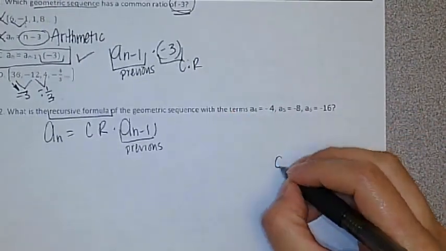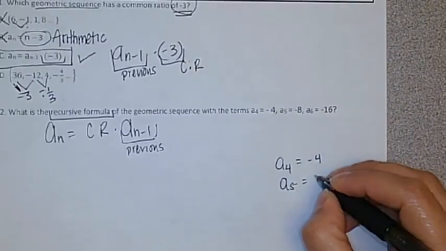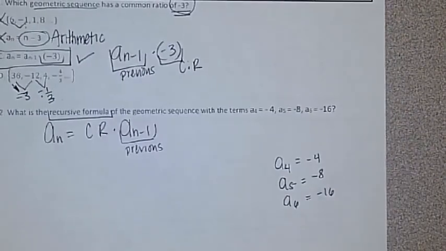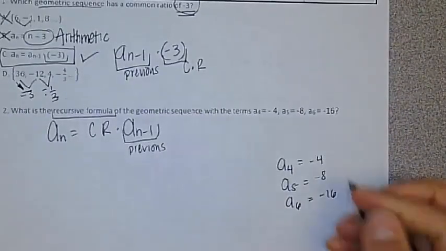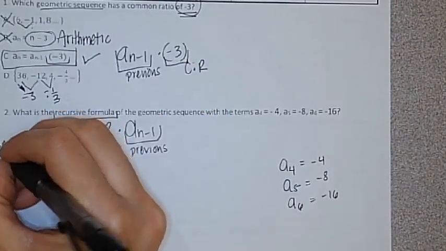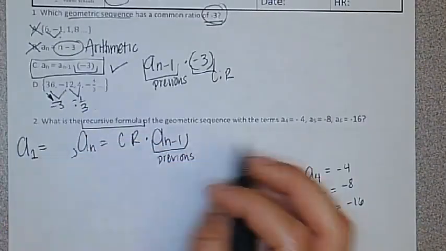They give me A of 4 is -4, A of 5 is -8, and A of 6 is -16. So I have to work my way to the first one, because remember, for recursive, I also need the first term. So I need A of 1 first.